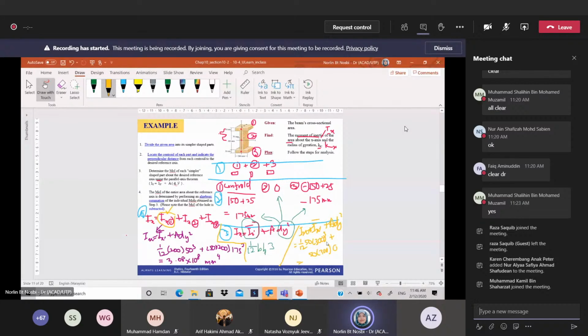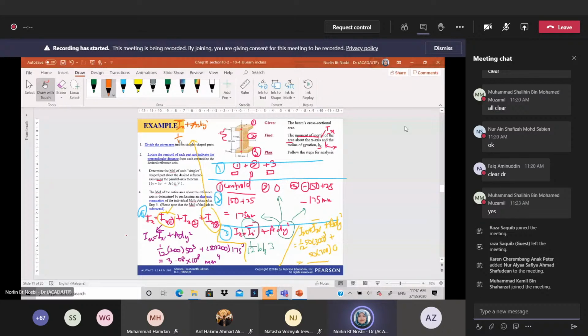Then how about part 3? For part 3, Ix bar plus A dy squared. So Ix bar is 1 over 12, same thing.